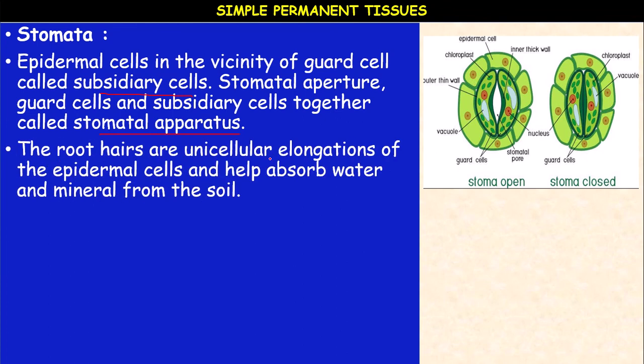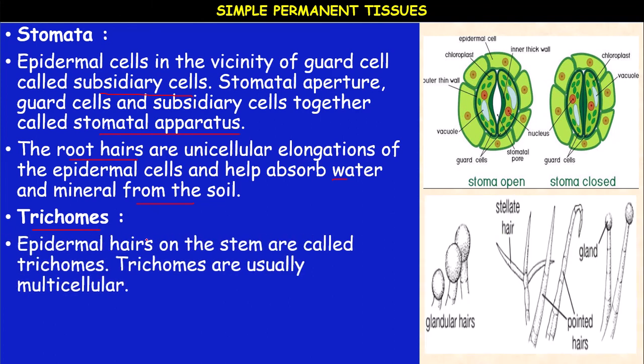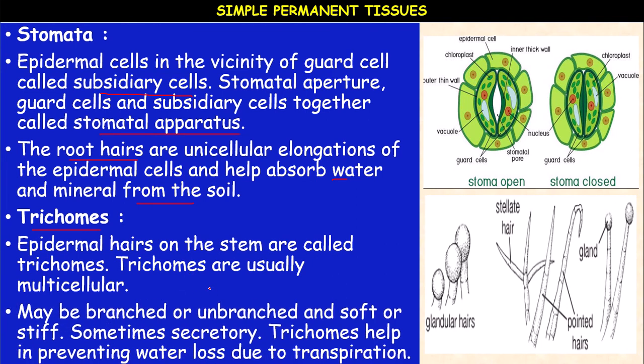The root hairs are unicellular elongations of the epidermal cells, and they help in the absorption of water and minerals from the soil. Next to root hairs, trichomes. What are trichomes? Trichomes are the epidermal hairs on the stem, and they are usually multicellular.